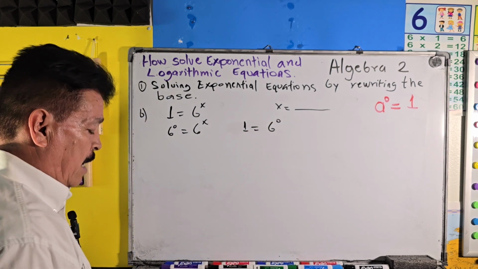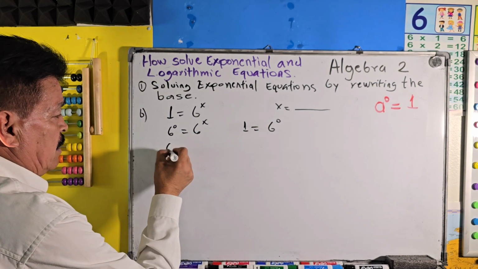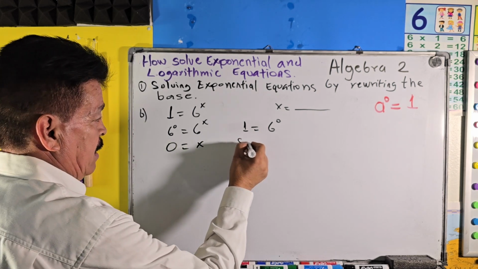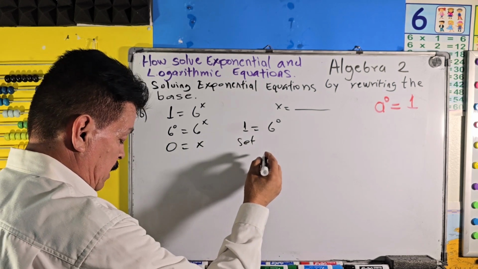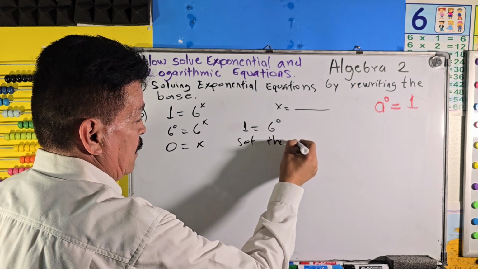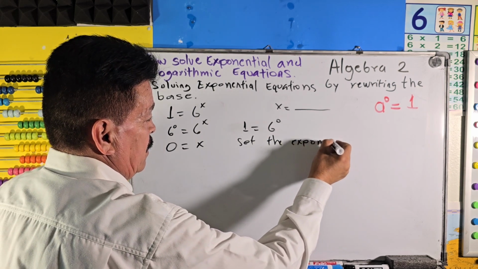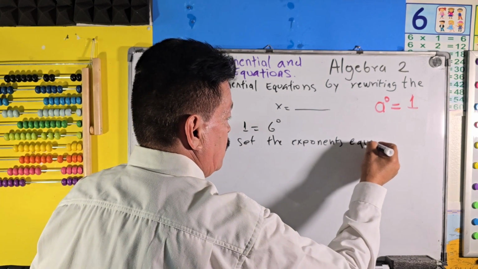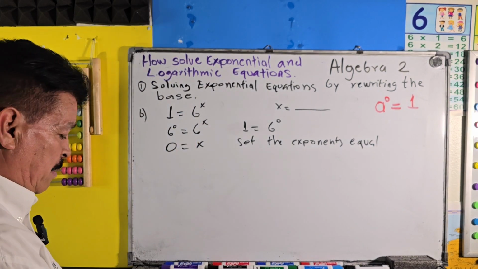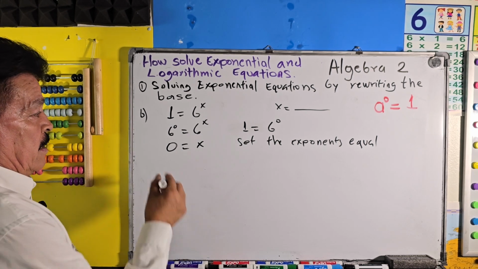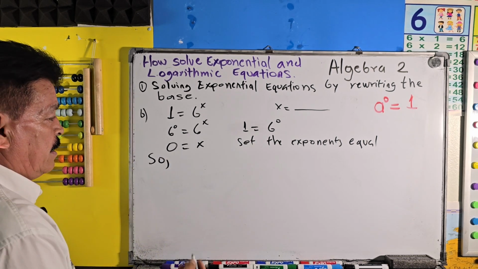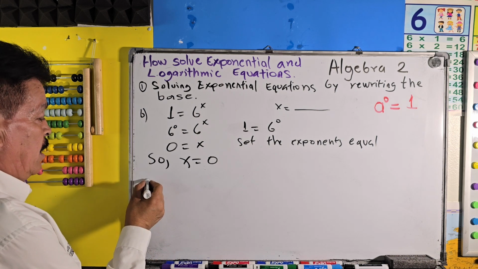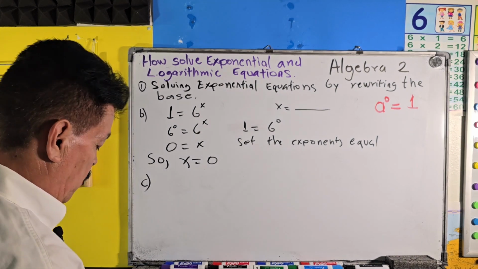So now 0 equals x. Set the exponents equal, right? Step by step, our answer is x equals 0. Very simple. Let's do one more problem.